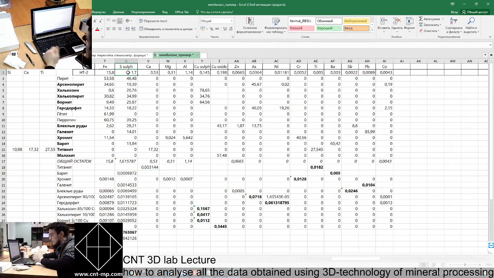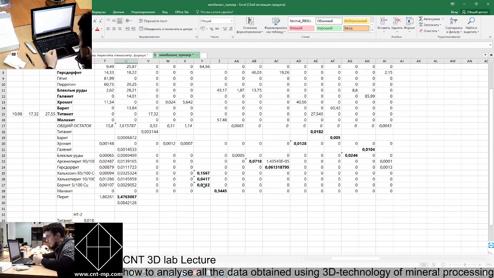But sulfur in the source sample is about 1.7%, so most of that sulfur is connected with other sulfide minerals. Okay, and we repeat that for every mineral.